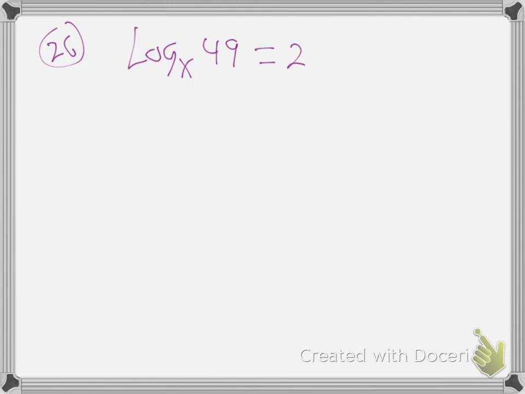All right, so how do you get rid of that log word? X. Same base, huh? In this case, it's kind of weird. It's an x, but that's fine. Totally right. These cancel each other out. So what does that give us? 49 is x squared. And how do we turn that into normal x? You just root it.